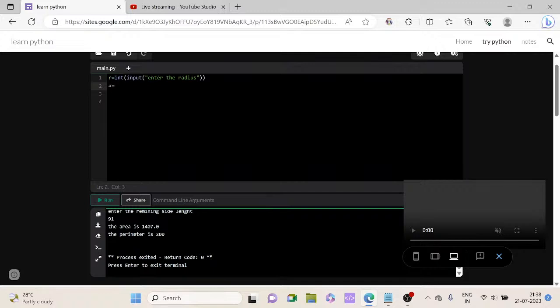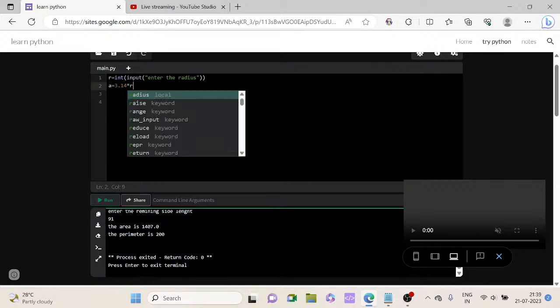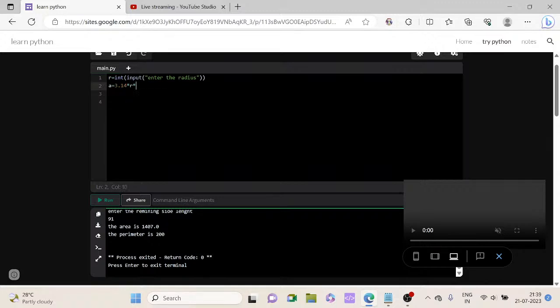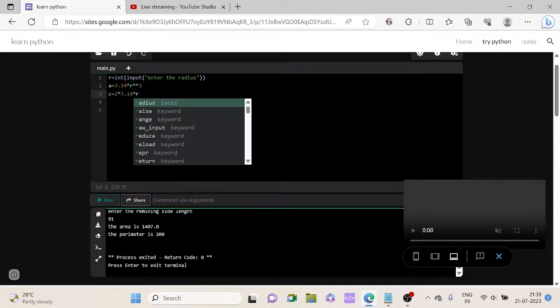At the next line we will write the formulas. A is equal to 3.14 into r, radius square. Next, circumference C equal to 2 into 3.14 into r.